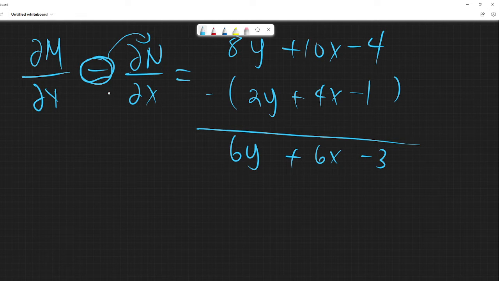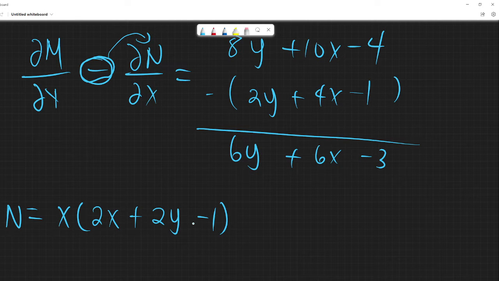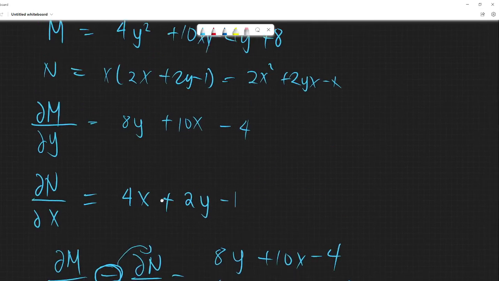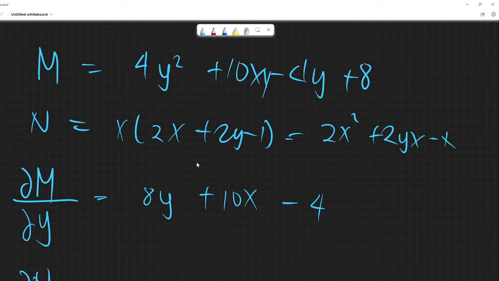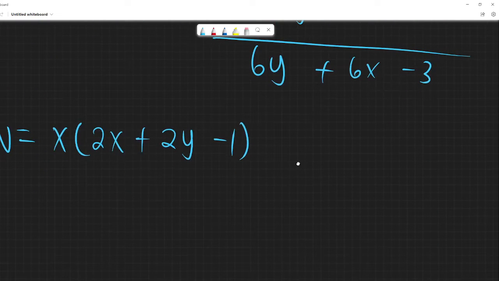So recall that N is equal to x times (2x plus 2y minus 1), as we have noted earlier.